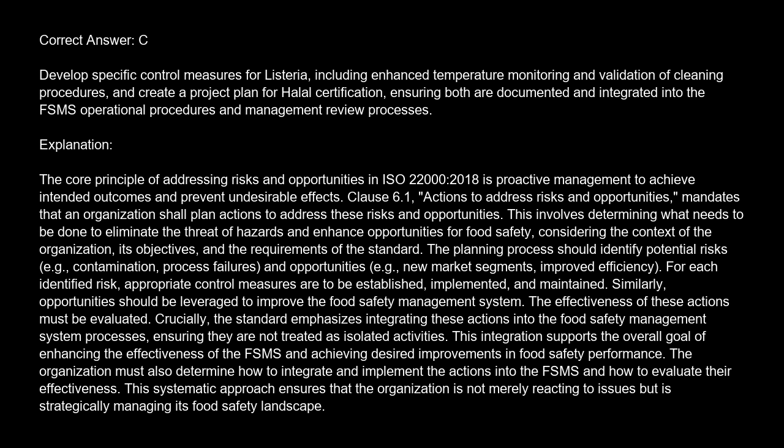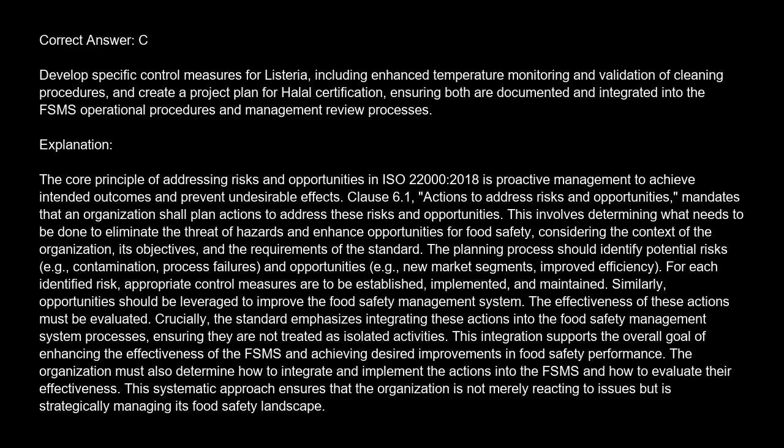Clause 6.1, Actions to address risks and opportunities, mandates that an organization shall plan actions to address these risks and opportunities. This involves determining what needs to be done to eliminate the threat of hazards and enhance opportunities for food safety, considering the context of the organization, its objectives, and the requirements of the standard.